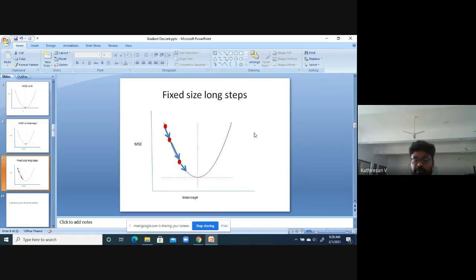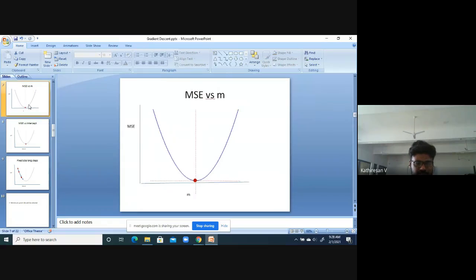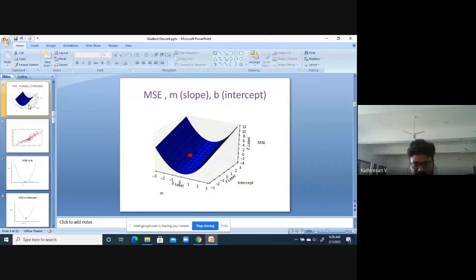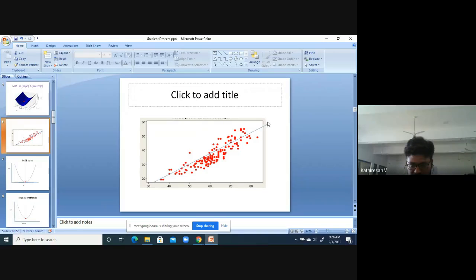Initially MSE is too high. After that, we are calculating MSE by changing the curve. Initially we are finding MSE when the line is here.